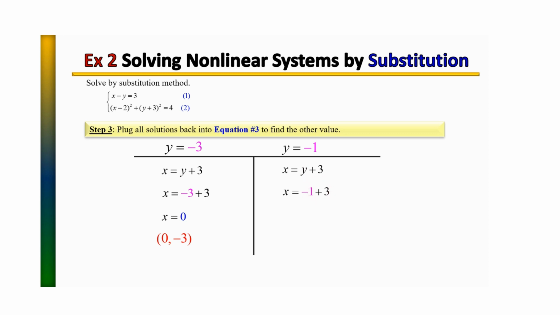So when plugging in a -1 for y, what we get out for x is a 2, and these are our two solutions.